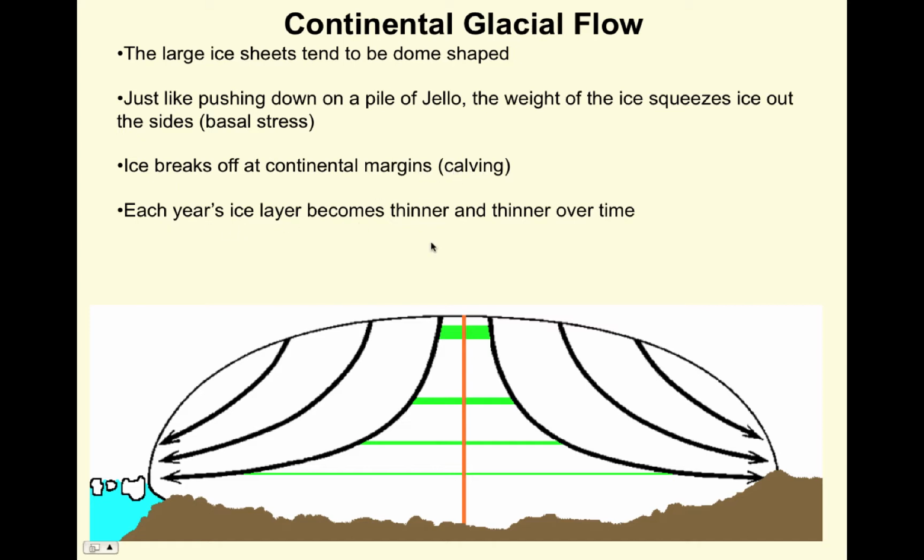Each year's ice layer becomes thinner and thinner over time due to the compression of the ice over time, as shown by the green lines. So one thing that's interesting about this, if you're going to take an ice core to see an example of how the snow evolved over time, in those ice cores, we can look at the bubbles for CO2, other greenhouse gases, as well as understand what's in the water itself that we'll get into.